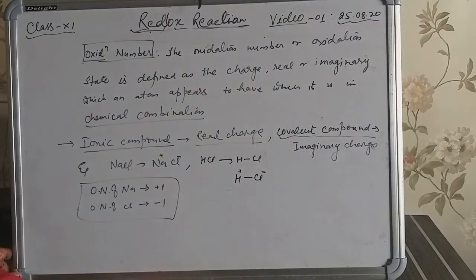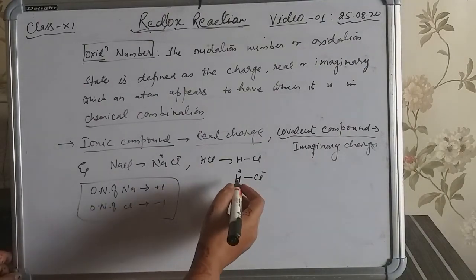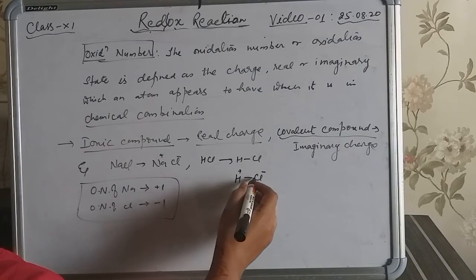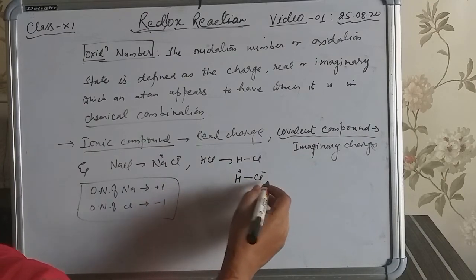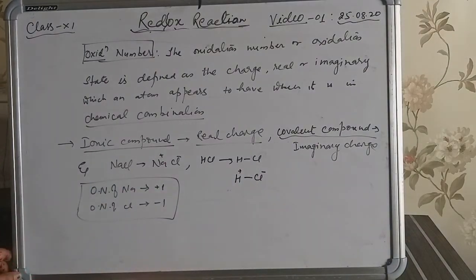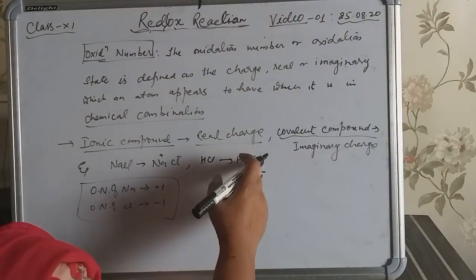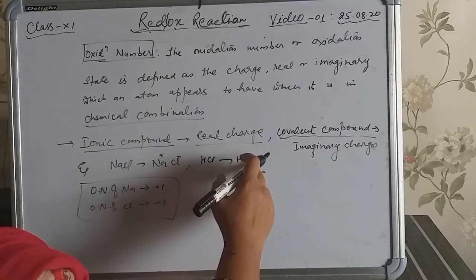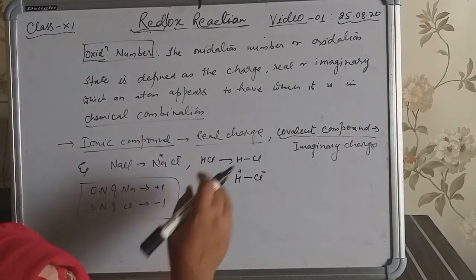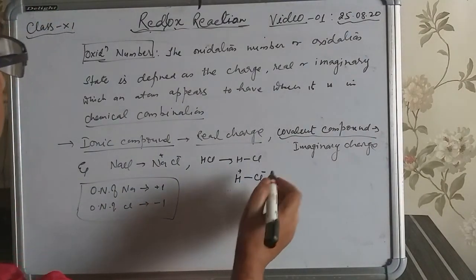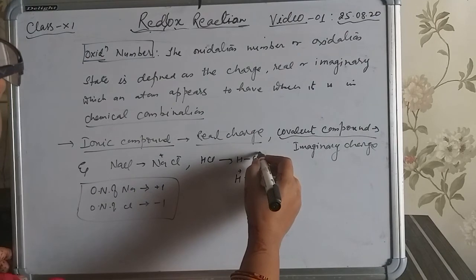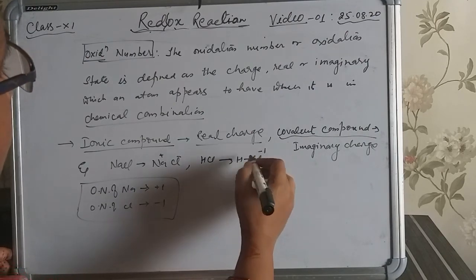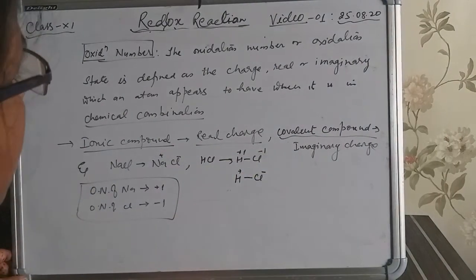So the oxidation number of hydrogen is +1 and of chlorine is -1. Shared electrons are assigned to the more electronegative atom. So here it is -1 for chlorine and +1 for hydrogen.